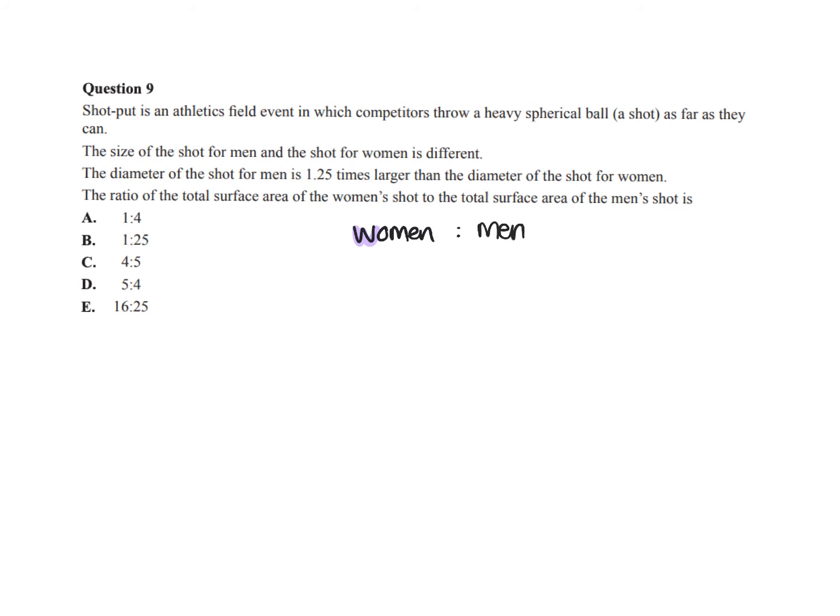Okay, so first of all, we've been given the length ratio. So what you want to do, if men is 1.25, you can say, well, it's like 1 to 1.25. Now this is doing decimal. So if you do that in your calculator, just go 1 divided by 1.25, and hopefully if you do that in your calc, you'll get a fraction.